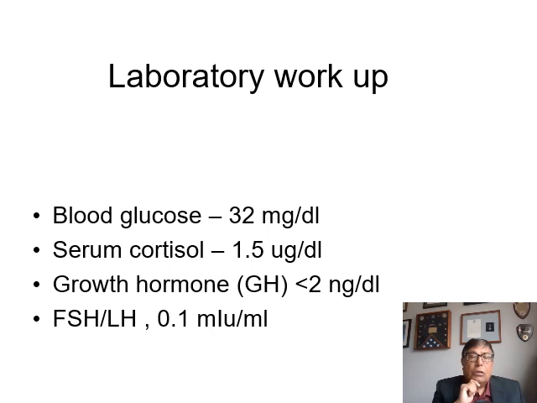So a baby with a normal hypothalamic, pituitary and growth hormone axis should have a serum cortisol level around 20 or above with that level of blood sugar, and growth hormone level should be 15, 20, definitely more than 10.